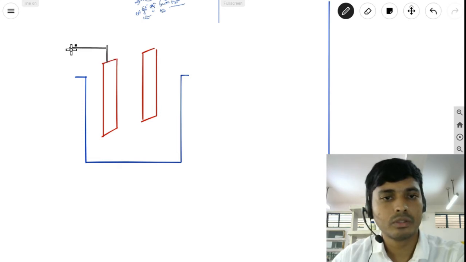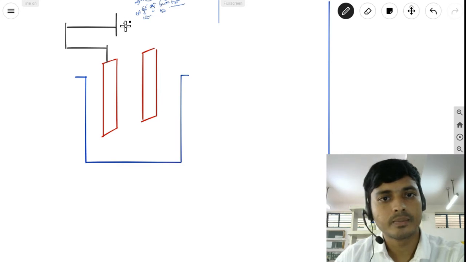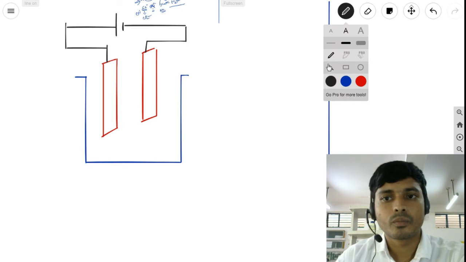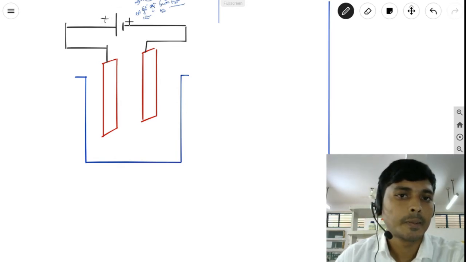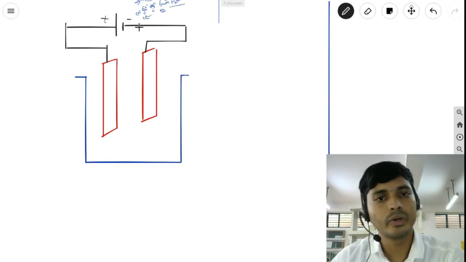I will take this as a positive terminal, which is the anode, and the second one I will take as a negative terminal, which is the cathode. So this is the positive one, which is the anode, and this is the negative one, cathode.